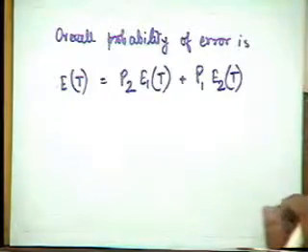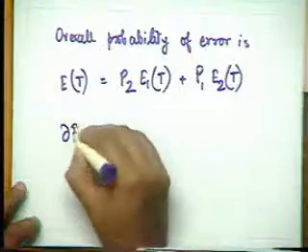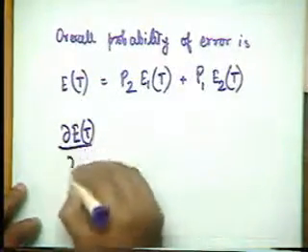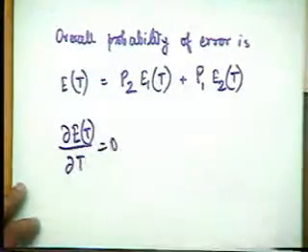Now, we must minimize this overall probability of error, isn't it? Okay, so that means to say, with respect to what? With respect to t, because we are going to choose an optimal threshold. Okay, so we must equate del Et del t equal to 0.